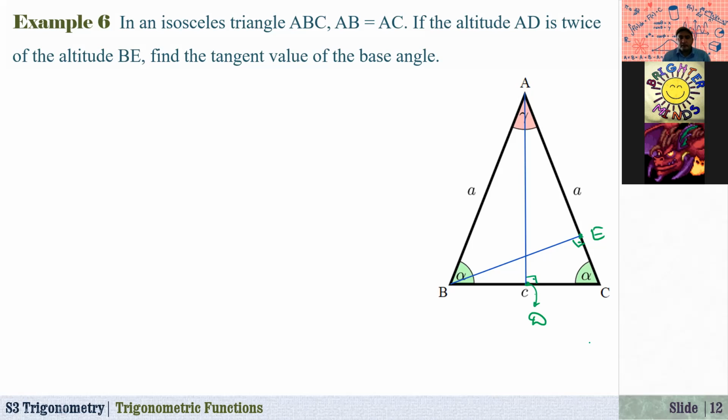Suppose that in an isosceles triangle ABC, AB equals AC, and suppose that AB, AC is equal to A. And the third side is C. So since it is an isosceles triangle, this side should be equal to C over 2, and also this side should be equal to C over 2. It's not an equilateral triangle, it's just an isosceles triangle. Now from here, solution.